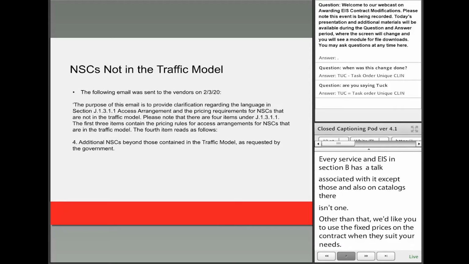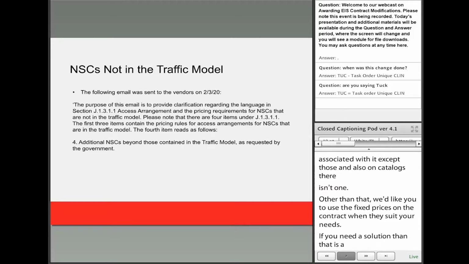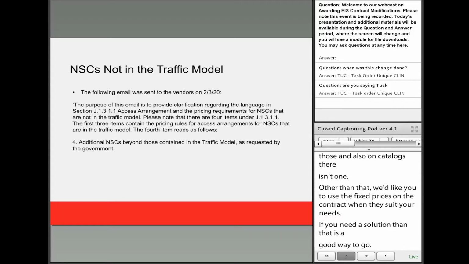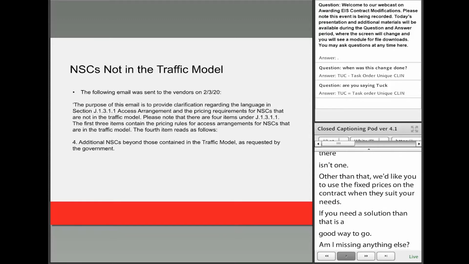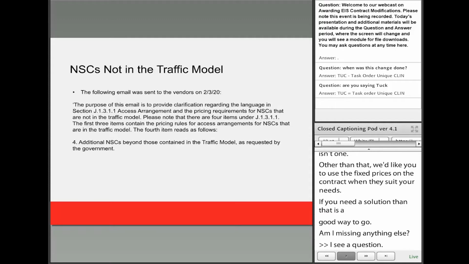Am I missing anything else, Mary Ann? So let's see. I see a question. So if a fair opportunity asks for service to a new NSC, pricing for that site does not need to be on contract at time of award?